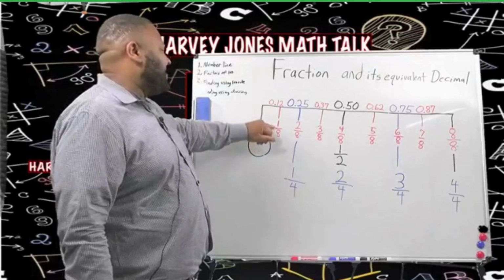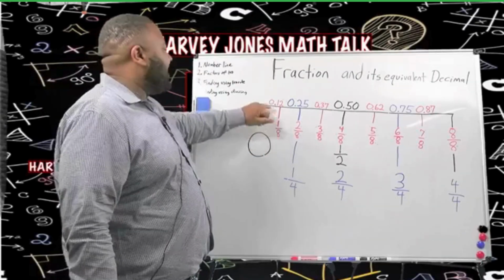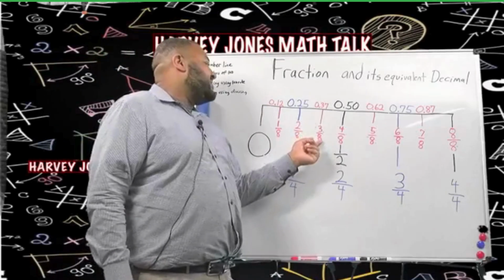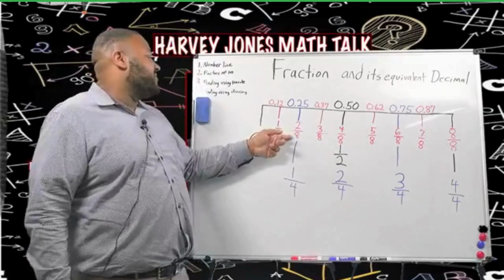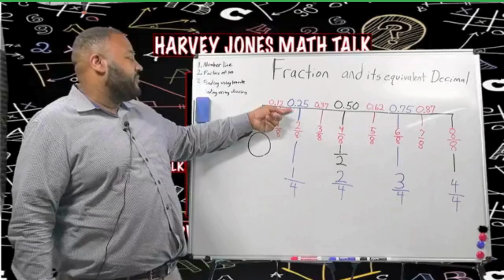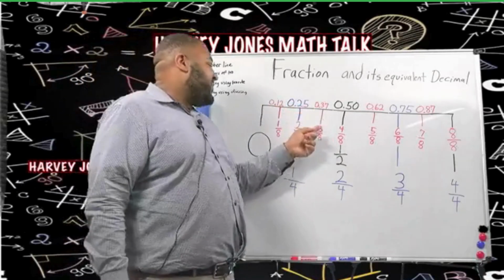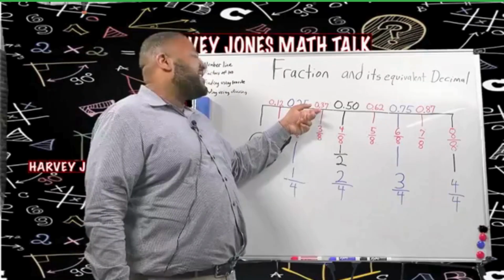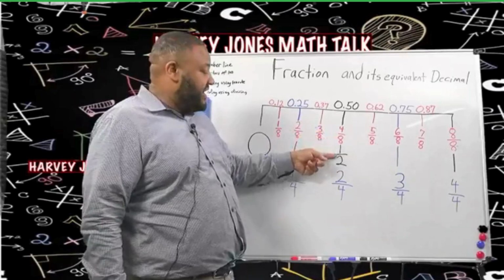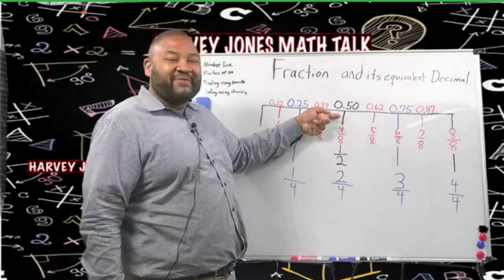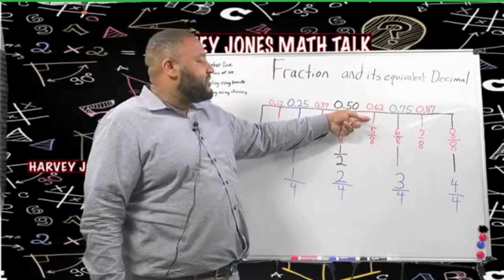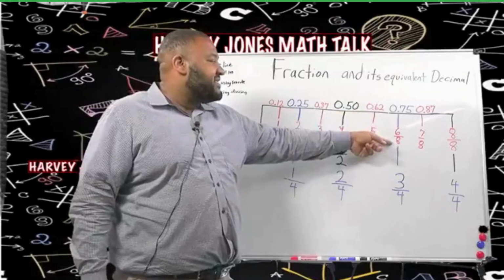I have my 1/8. 1/8, that's 12 hundredths. 3/8, I'm sorry, let me go here. 2/8, which is equivalent to 1/4, is 25 hundredths. 3/8, which is equivalent to 37 hundredths. 4/8, that's halfway in between. 2/4, which is the same as 50 hundredths. 5/8, 62 hundredths. 6/8, 75 hundredths.